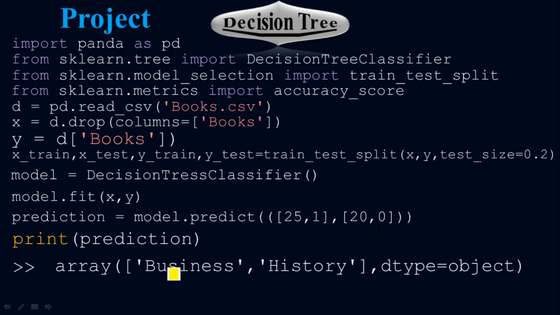So there we got the successful prediction, the accurate output. It means the model is in very good condition with a 20% test size and 80% training data. We tried new data which is not in the list, but based on its range, it has been classified into its own category, this with business and this with history.